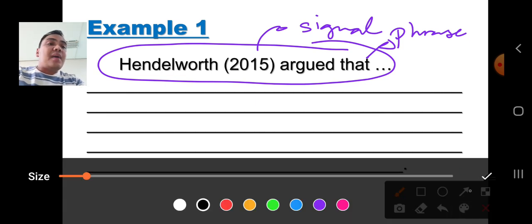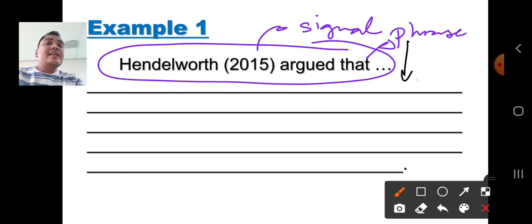So what do we mean by signal phrase? A signal phrase can be defined as a short phrase that is used to introduce a quote, a paraphrase, or a summary. And it gives a signal to the readers that an external source is being used in your paper. So let's try to write it first.